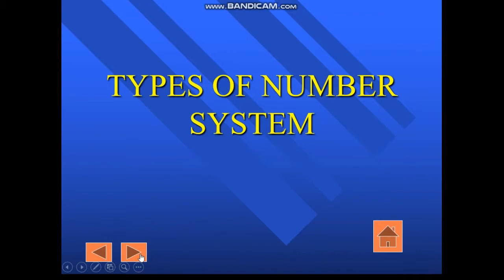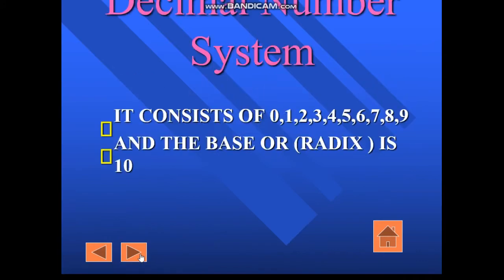Let's move on to number one, that is the decimal number system. As I told you earlier, a number system is a way to represent numbers, and we have four types of number systems.